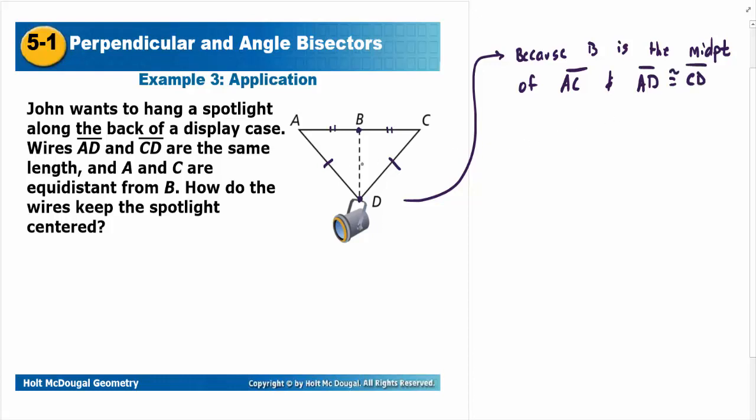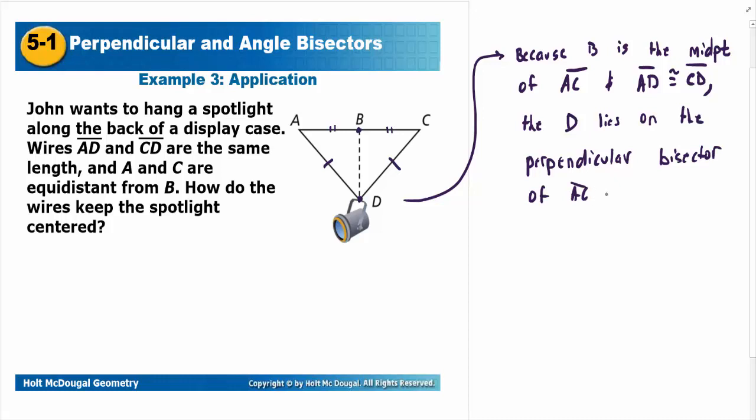Again, I'm labeling all this information. Then I know D, I don't say is, I'll say lies on the perpendicular bisector of AC.